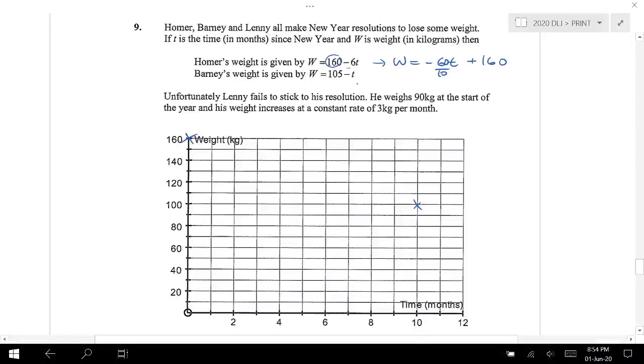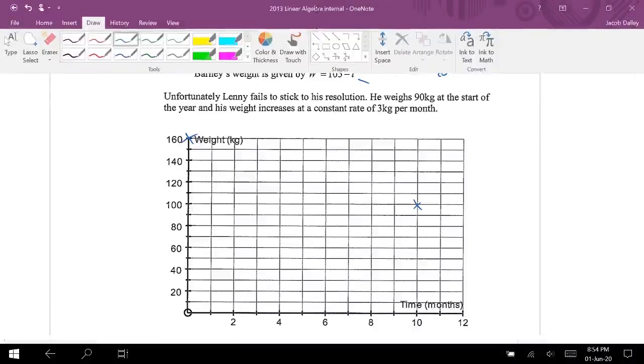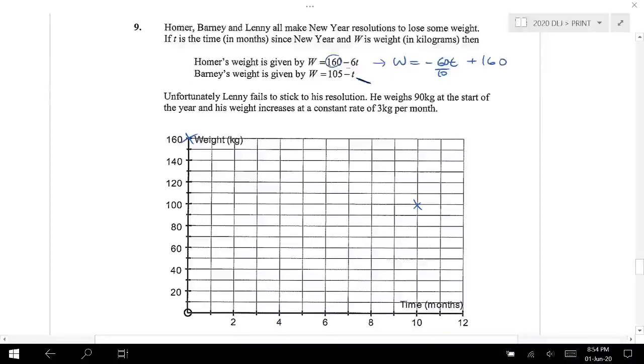Barney's weight, I'll do that in another pen, so I'll do that in black. That's like you've got negative t plus 105. So he starts at 105, so that's halfway between this grid line. That's 110.